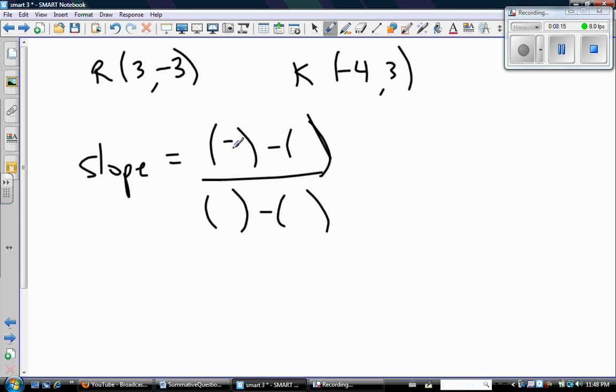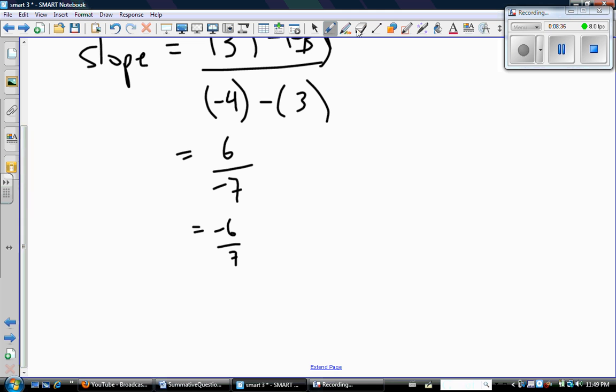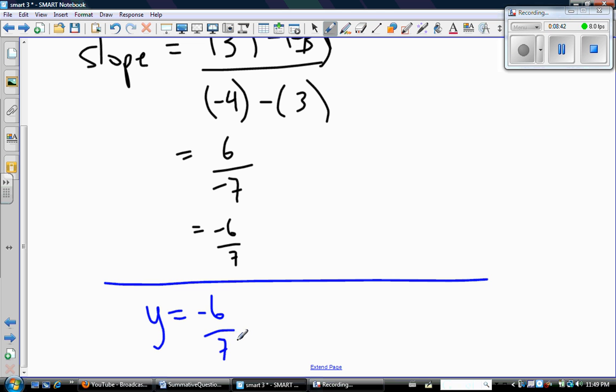So y2 minus y1 over x2 minus x1. So 3 plus 3 is 6 over -7. So that's -6/7 for a slope. So now I know that the equation of my line looks like this because I found the slope.